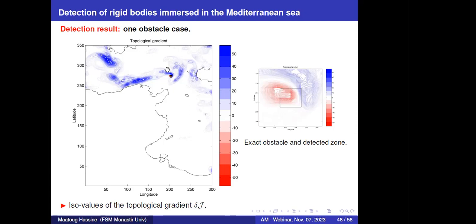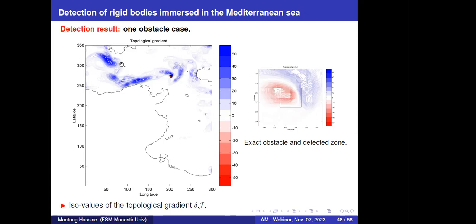So, using our numerical detection algorithm, we obtain this result. Here we plot the topological gradient ISO value in the computational domain.